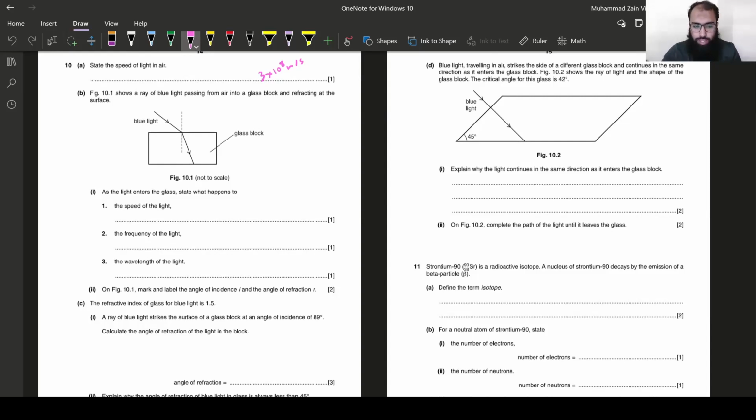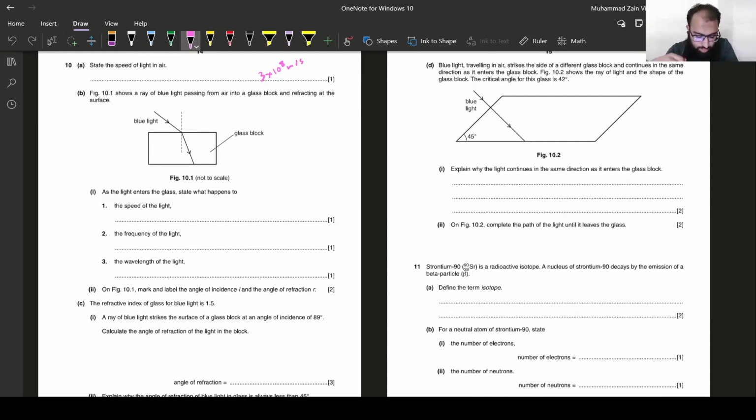Because of that, there is some change in the speed of the wave: as the density of the material medium increases, the speed of the electromagnetic wave slows down. The speed decreases.